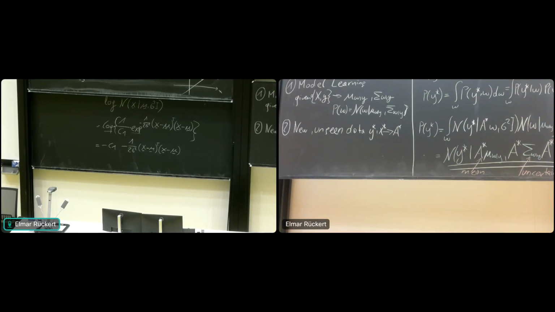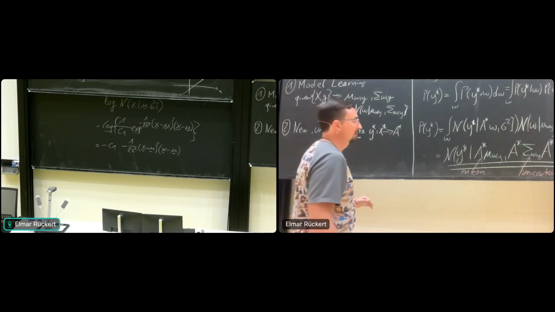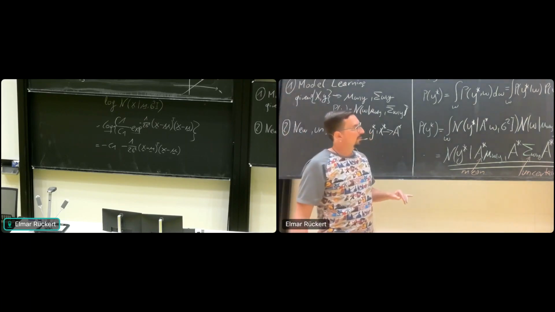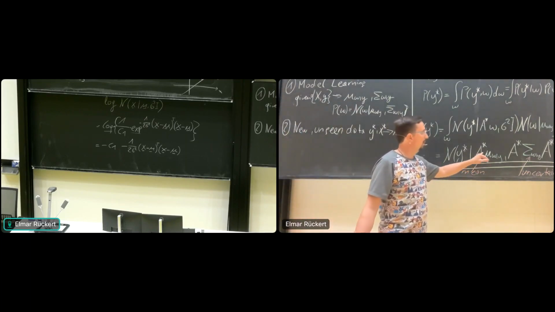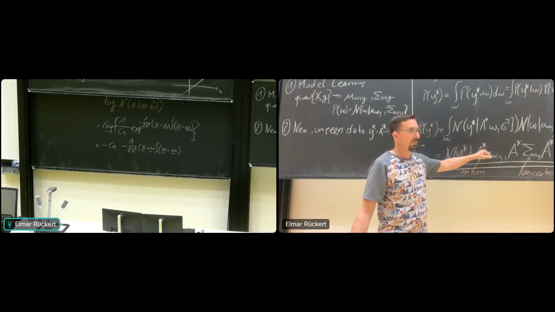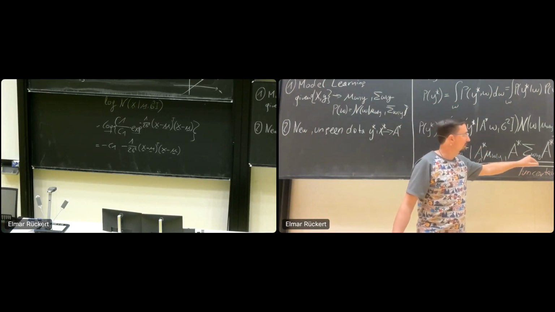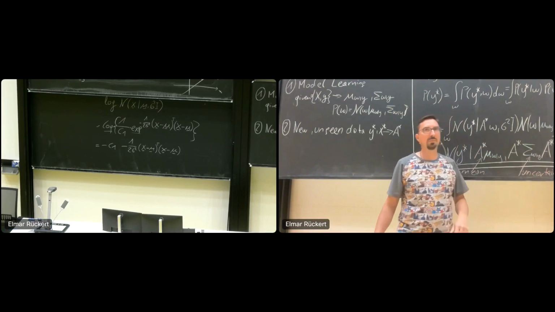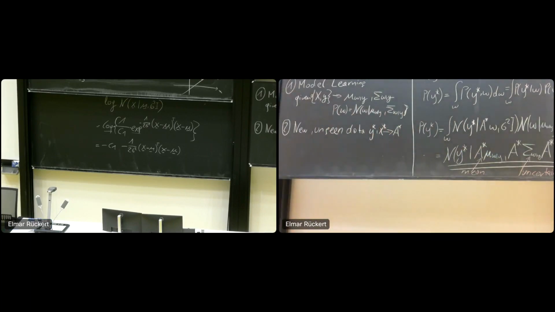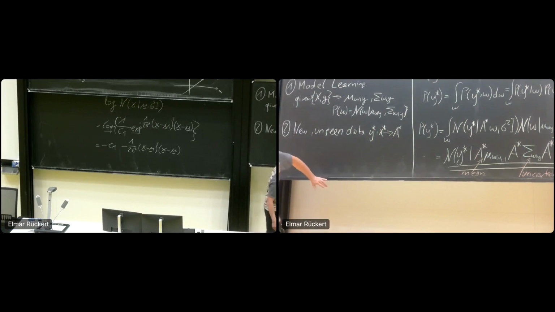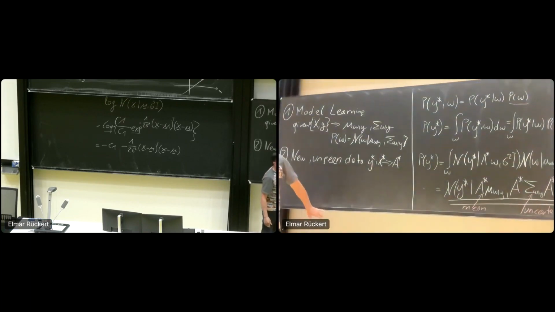Now we get it using Bayesian feature regression. The prior mean is transformed using A star, and the prior covariance is transformed using also A star. Any questions?